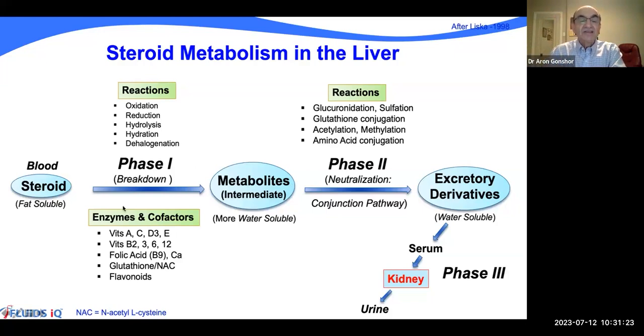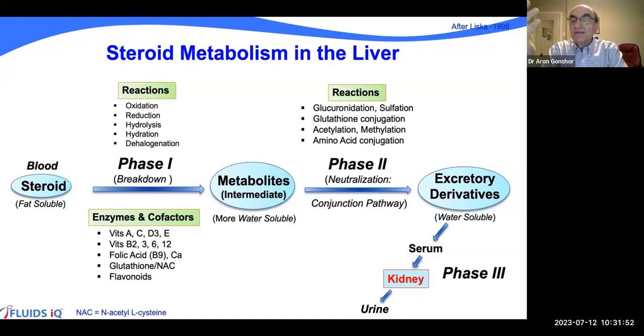The first phase is to break it down with oxidation, reduction, hydrolysis, etc. All kinds of ways of breaking it down. By that point, you have what's called an intermediate metabolite, and then it goes into phase 2, which is neutralization. And that's when you get into the whole idea of sulfation, of glucuronidation, etc. Methylation, which you see with a lot of steroid hormones.